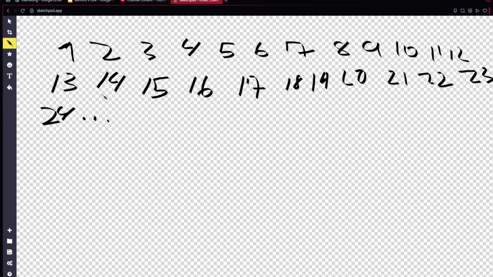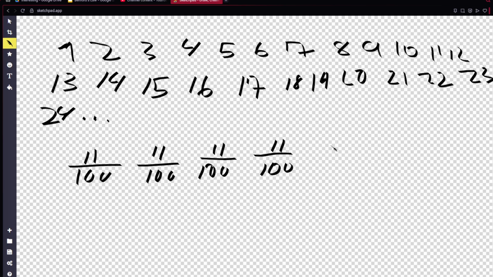Now everything is equally probable. There is 11 out of 100 of each one. So 11 out of 100 twos, 11 out of 100 threes, 11 out of 100 numbers that start with 4, so on and so forth.